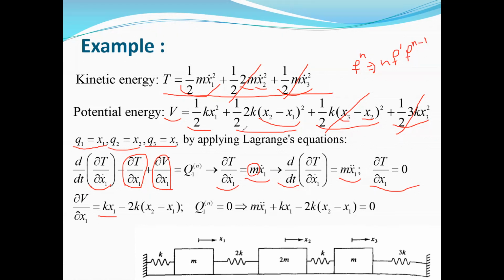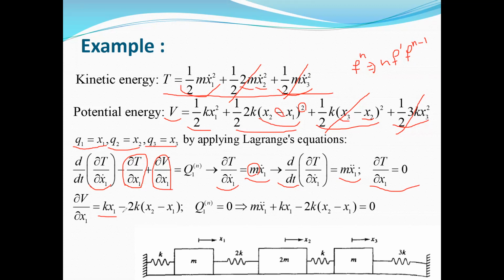So here we are using the same formula. In this formula, n is equal to 2, f is x2 minus x1, and f prime, which is the partial derivative of this term with respect to x1, is minus 1, or a negative sign.